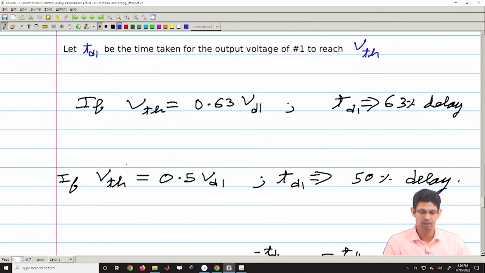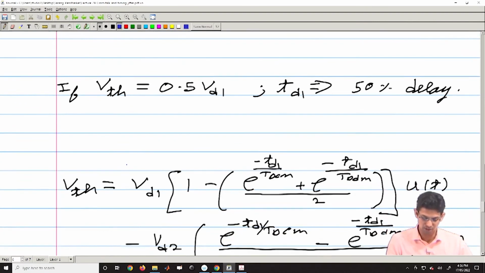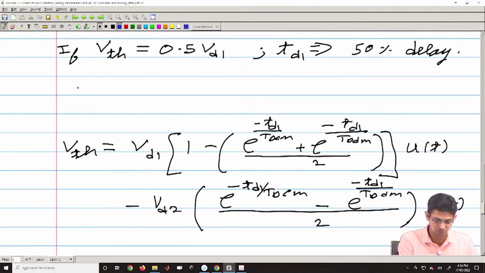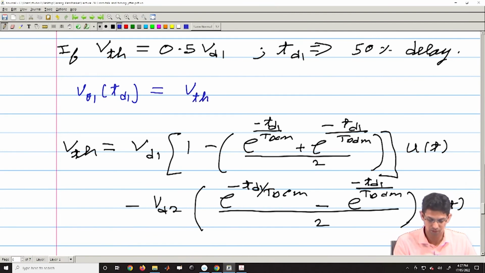However you define this VTH, for this special case of identical interconnects, you have a nice closed form expression for your output voltage. So, you can solve this: V out 1 of TD1 is equal to VTH.